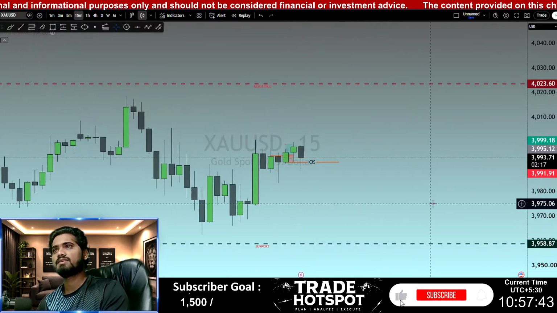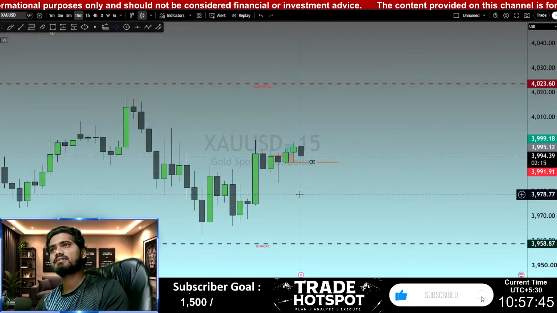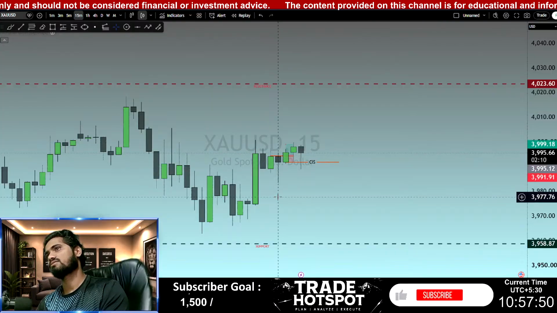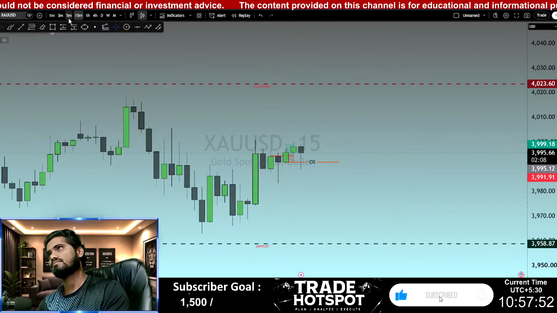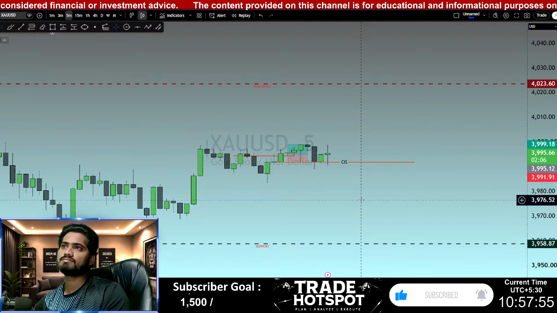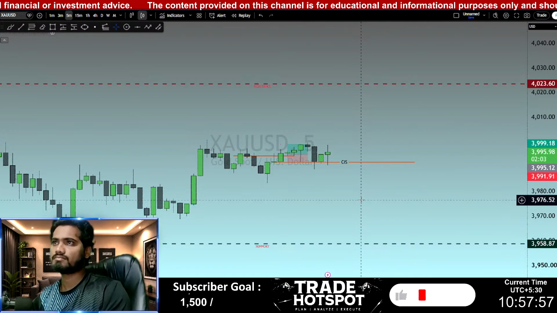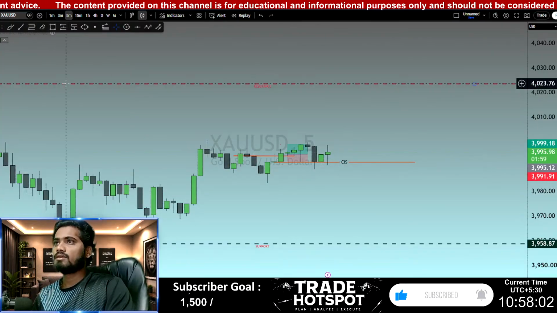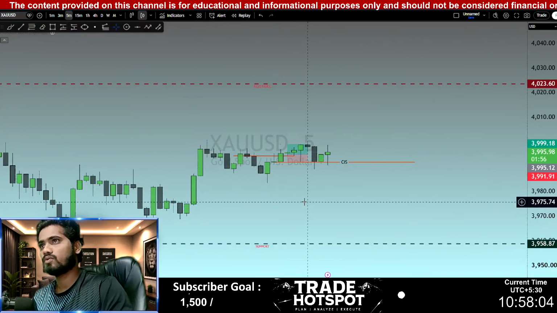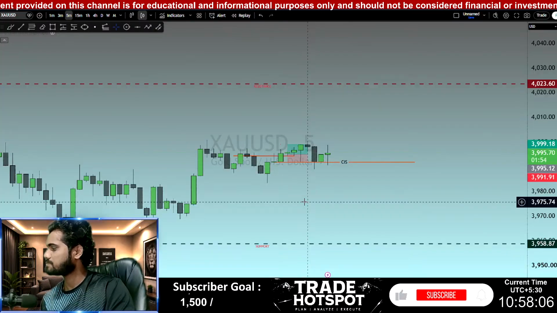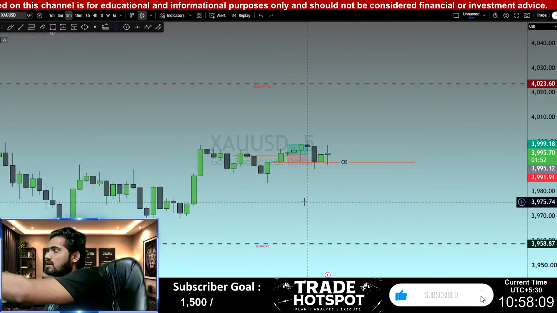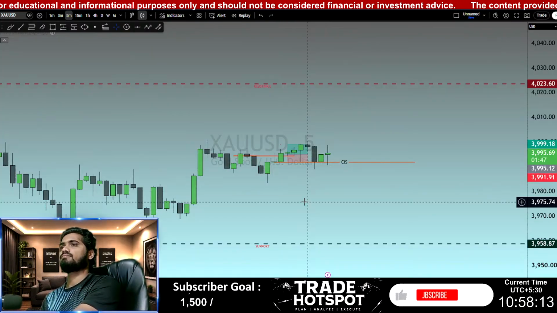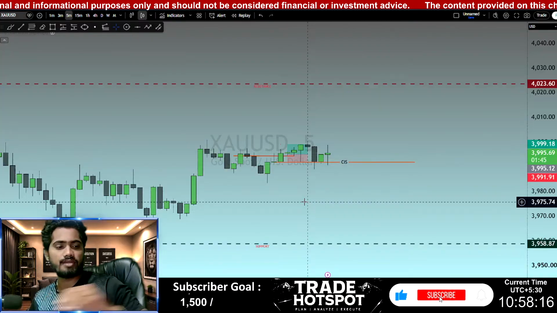Okay, so please wait here, this is a consolidation. You can do small scalps in this area, but not a large long trade or swing trade.